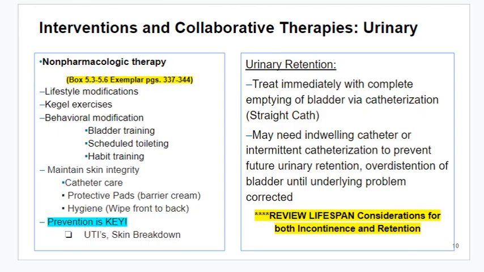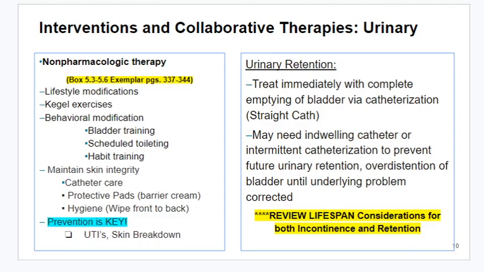Or I think of the individual that might be a paraplegic, wheelchair bound, that may not have feeling anymore below their waist. Those individuals will have to get on some sort of schedule, and they will know that they have to use a straight cath, whatever their protocol or whatever has worked for them, whether it's every 2 hours they straight cath themselves in order to properly prevent that retention or overdistension.